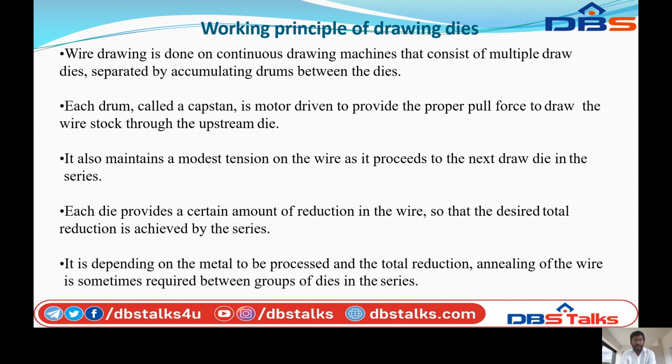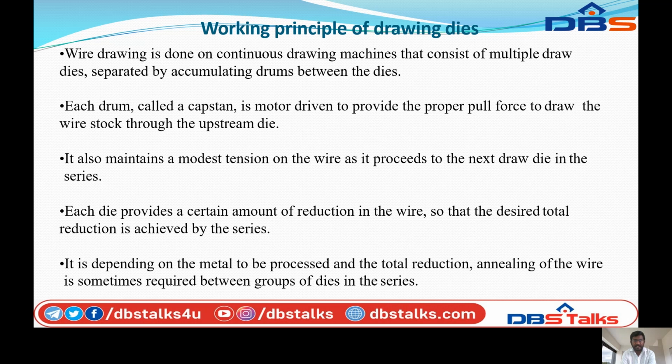Each drum, called a capstan, is motor driven to provide the proper pull force to draw the wire stock through the upstream die. It also maintains a modest tension on the wire as it proceeds to the next draw die in the series.